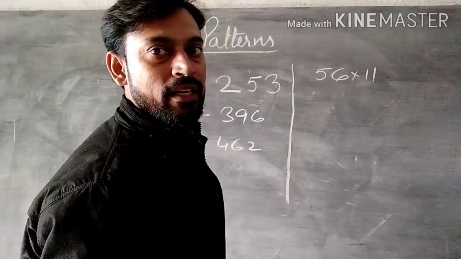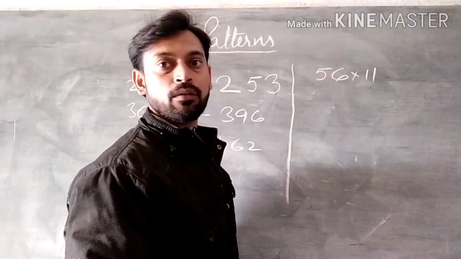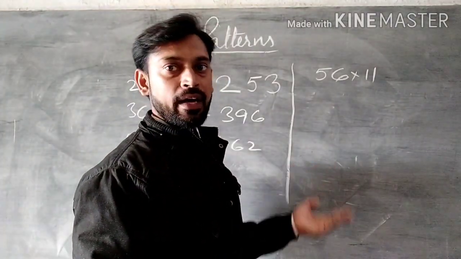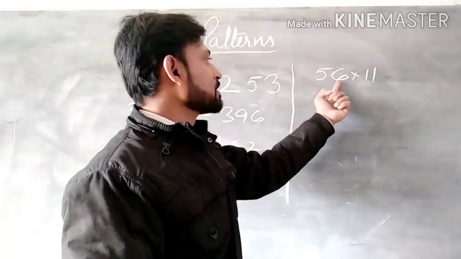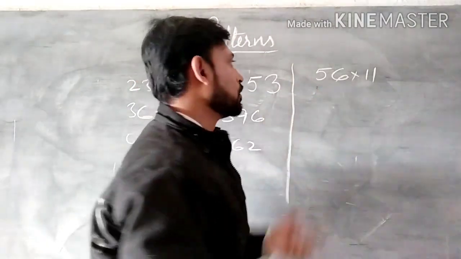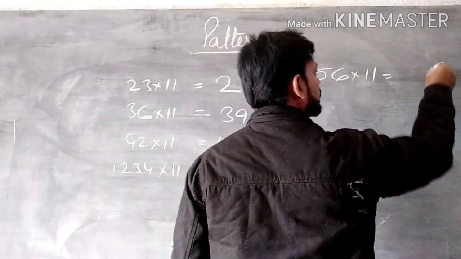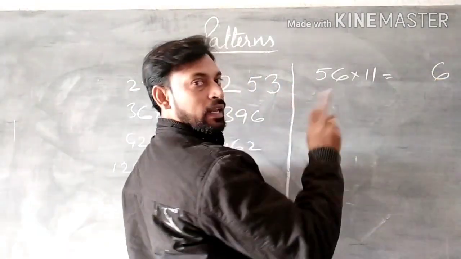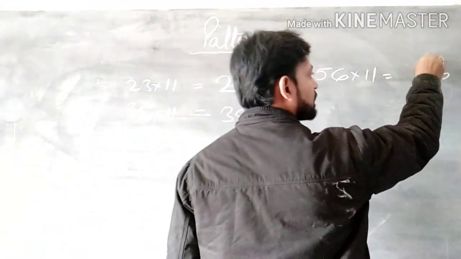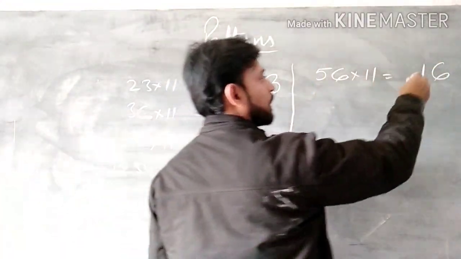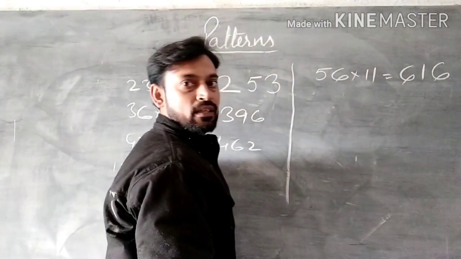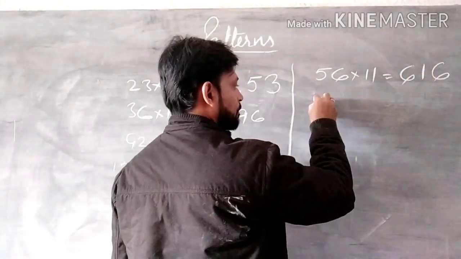So in this case the sum is more than 9. That means you are getting a 2 digit number, that is 6 plus 5 is 11. So you will write 6 as it is, then 11 is the sum. So one's place is 1 and 1 will be carried to 5. 5 will become 6.